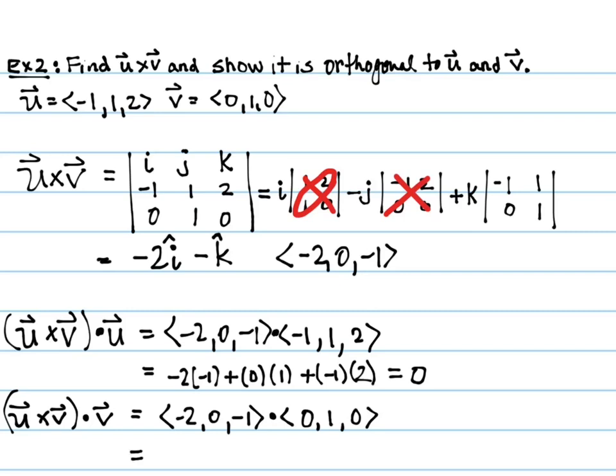So I end up getting negative 2 times 0 plus 0 times 1 plus negative 1 times 0, for, of course, a 0. And it's not like it was a question. It didn't say, are they orthogonal? We know that they are. That's what we are finding when we're finding the cross product: we're finding the orthogonal vector. We're just showing that it's true, that it's actually going to hold. Any questions on that?